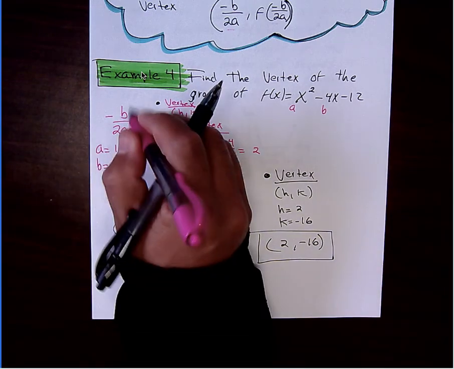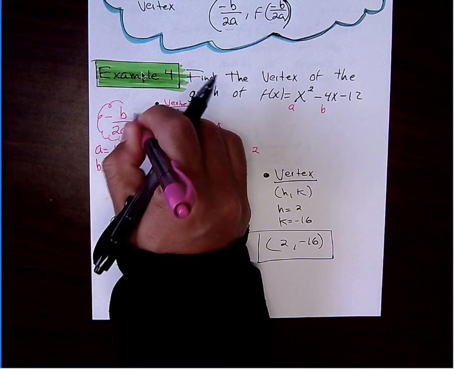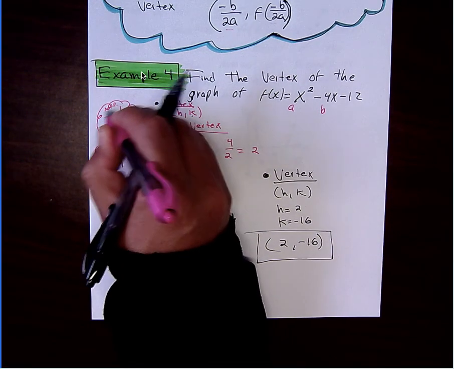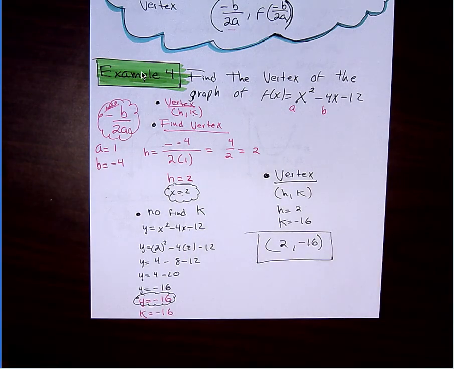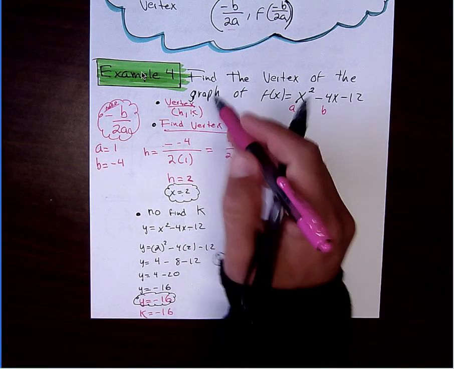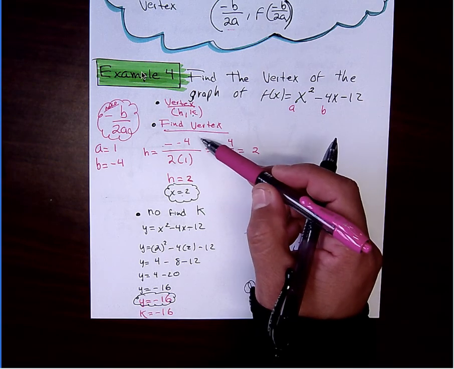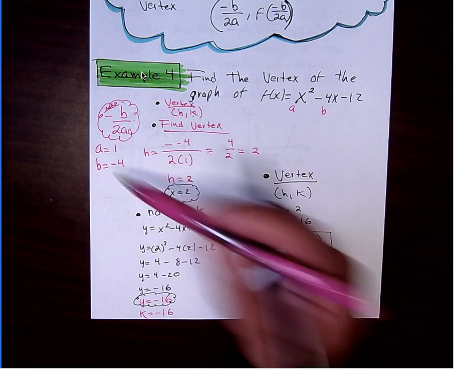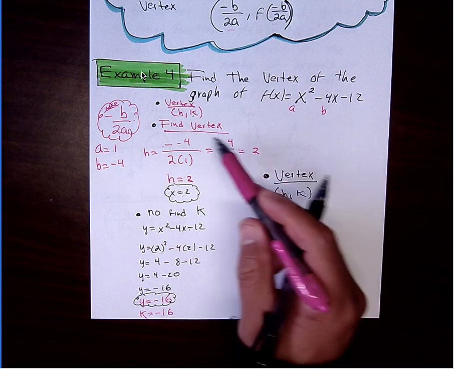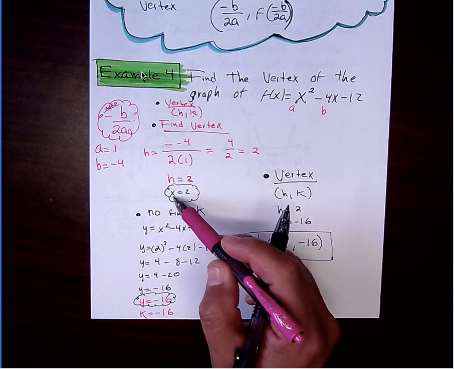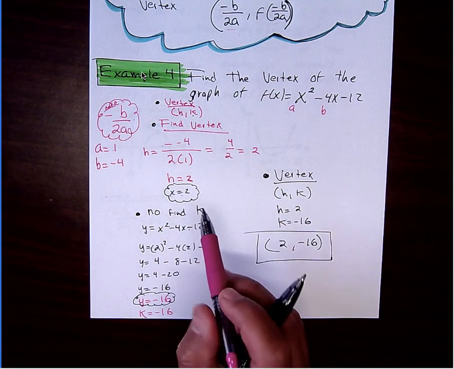This is just the formula. So you go from here, that's the vertex, use that formula using the a and the b, find the h, which is also the x, right?